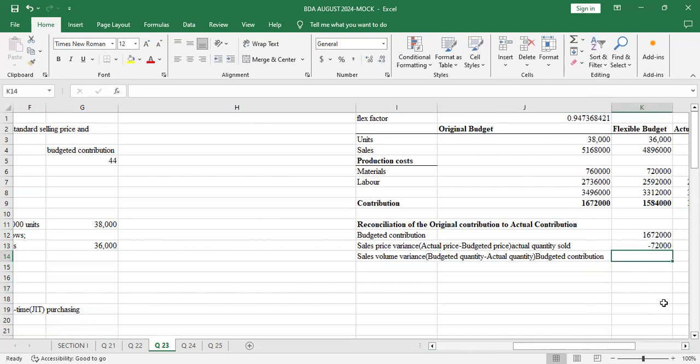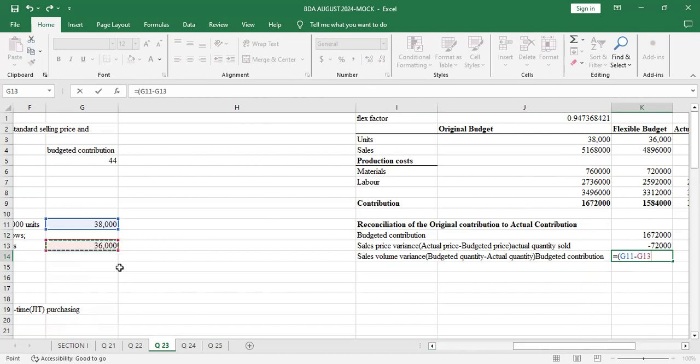Okay, so sales volume variance, so we'll say equals to, so the budgeted quantity is what we budgeted to sell, so that will be 38,000 minus 36,000. Then times the budgeted contribution, which was how much? I calculated it here, it was 44.